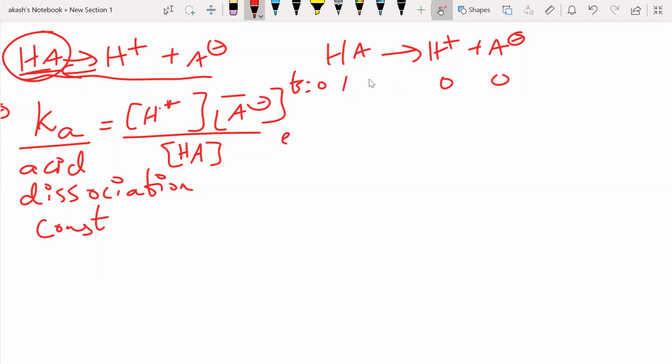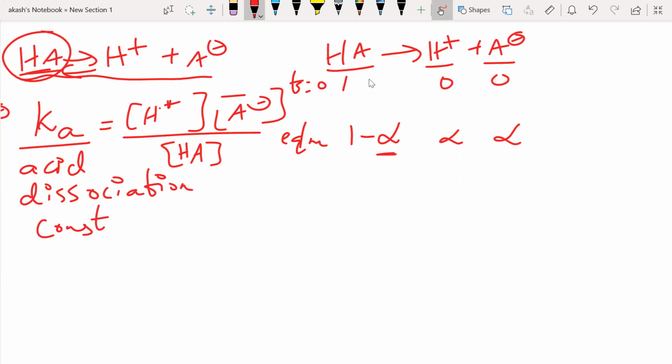Now when I reach equilibrium, say alpha moles have reacted here. Instead of x, I just write alpha. So 1 mole gives 1 mole and 1 mole; alpha moles reacting will give me alpha moles of H plus and alpha moles of A minus. Now this alpha is what you're talking about here: for 1 mole, or 1 M concentration, how much is reacting.